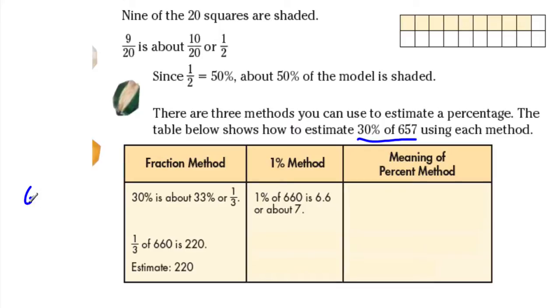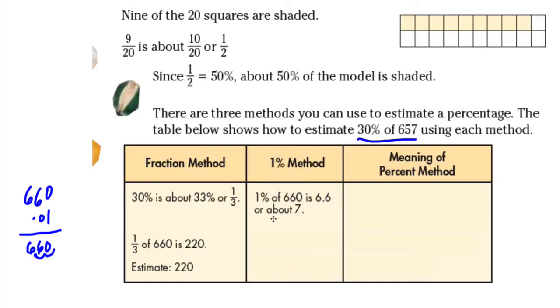You take 660 and simply multiply by 0.01, because that's 1% as a decimal. Multiplying 1 by 660 gives you 660, and since there are 2 decimal places in 0.01, you end up with 6.6. So every single time you multiply by 1%, you simply move the decimal place 2 spaces to the left. So this becomes 6.6, or close to 7.